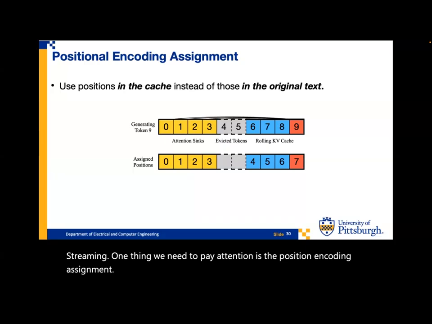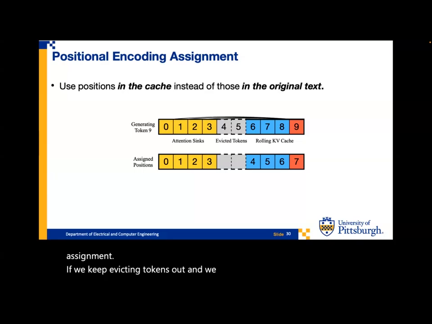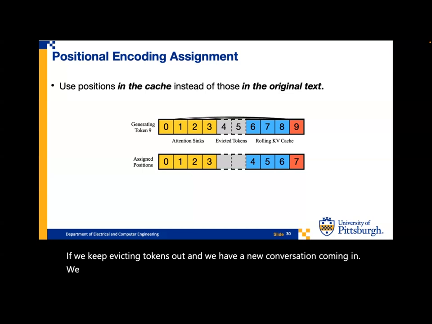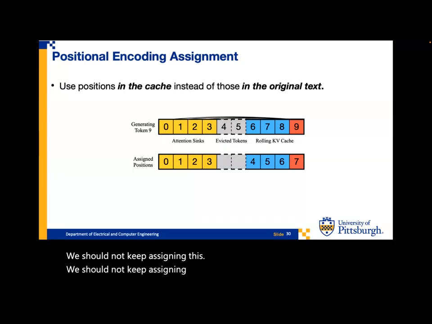If we keep evicting tokens out and a new conversation comes in, we should not keep assigning, you know, 6, 9, 10, because if that's the case, then it feels like there's a hole in this context.